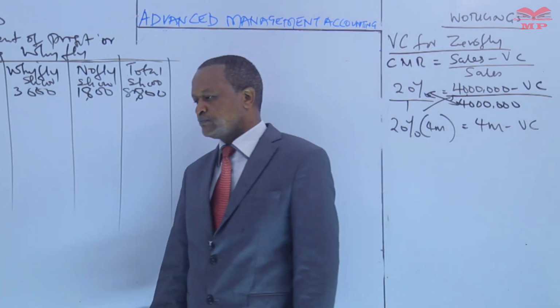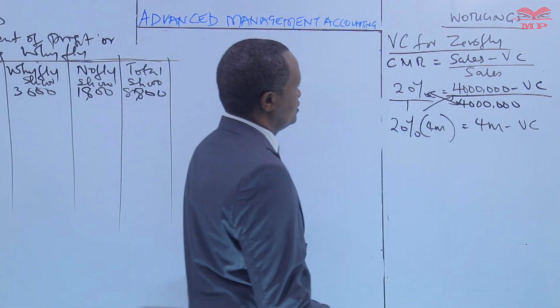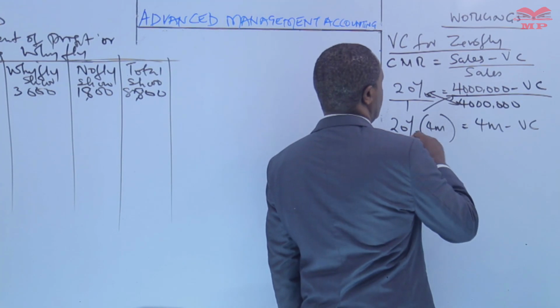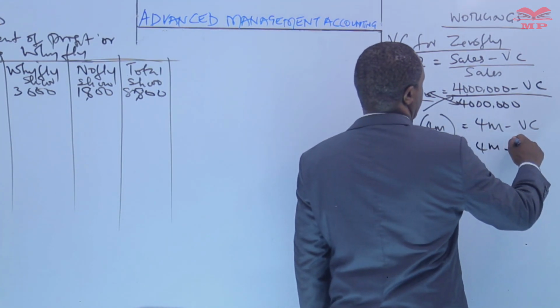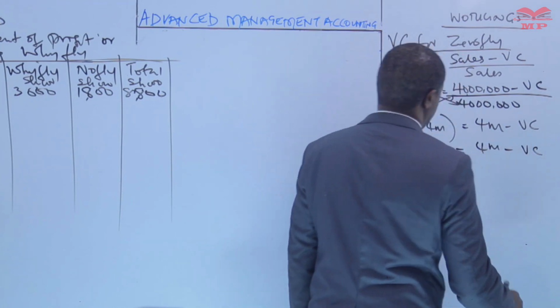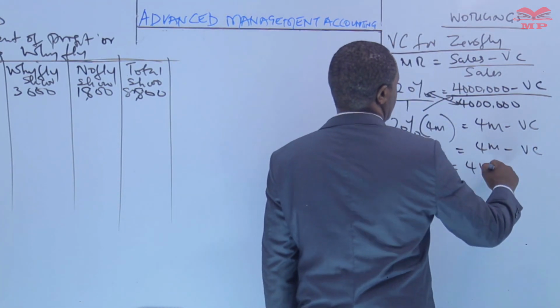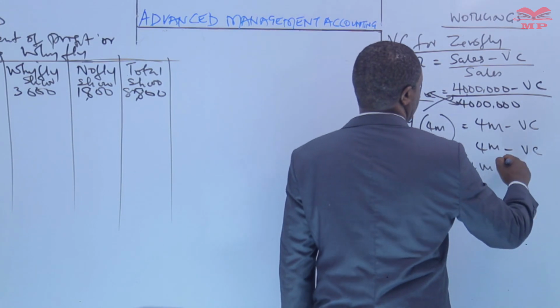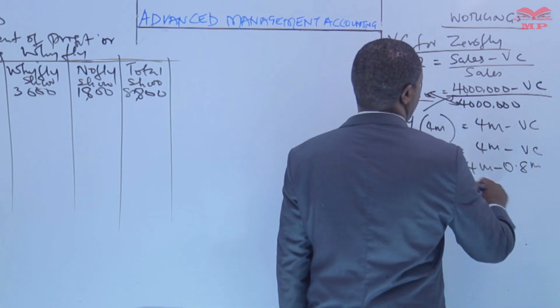Korir says 800. 800 million is equal to 4 million minus VC. So VC will be equal to 4 million minus 0.8 million. How much is it?